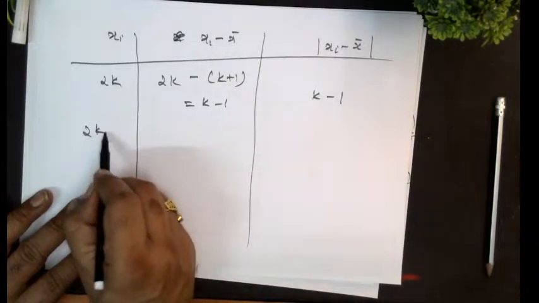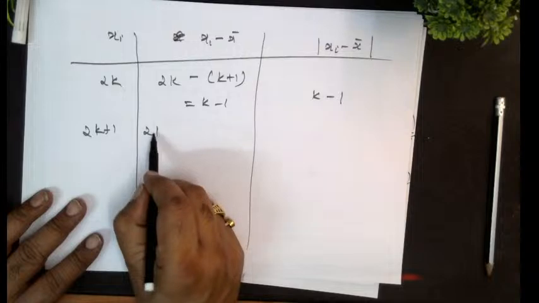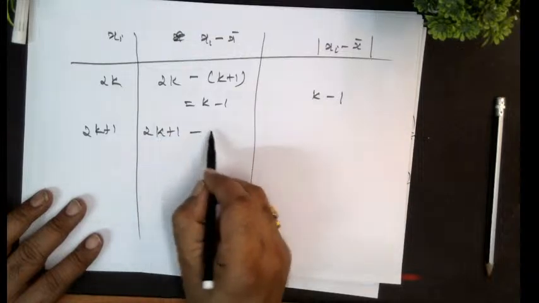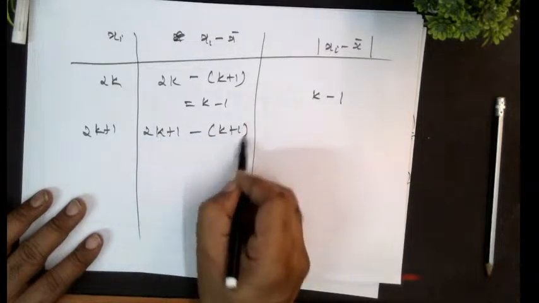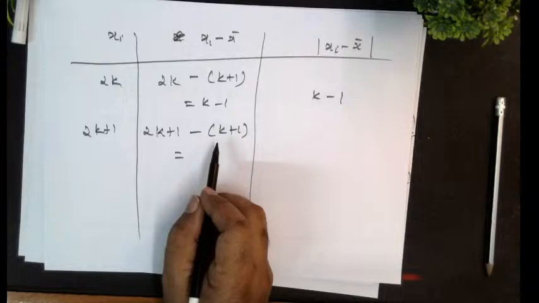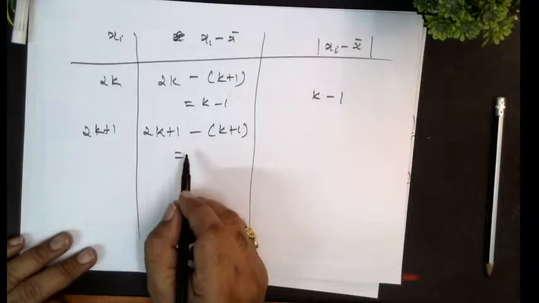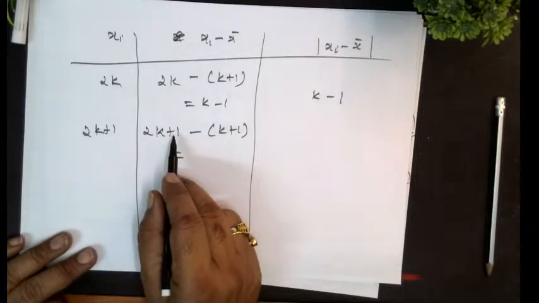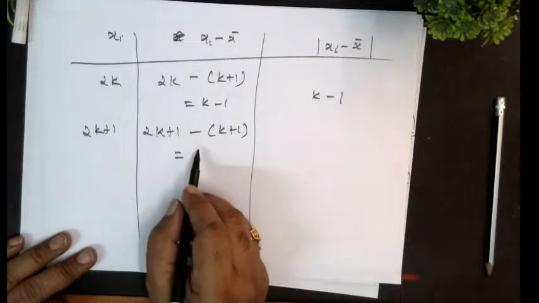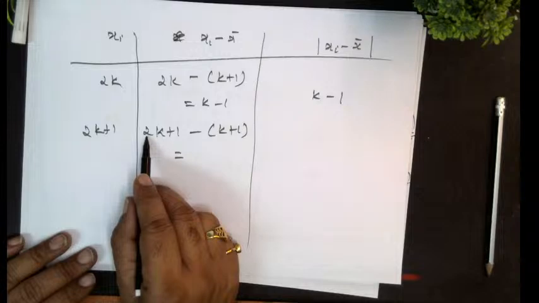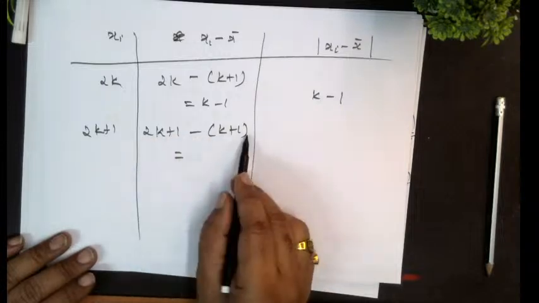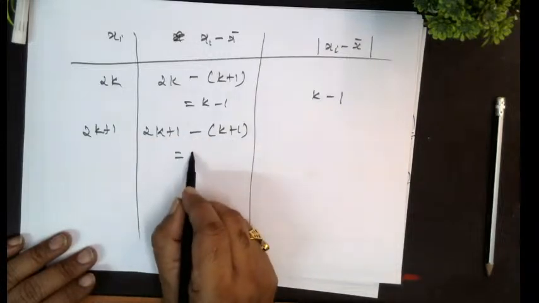Similarly for 2k plus 1, 2k plus 1 minus of k plus 1, how much? So 2k minus k, 1 minus 1, 0. So then it is simply k.